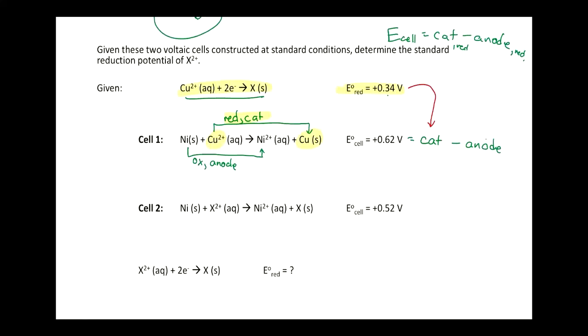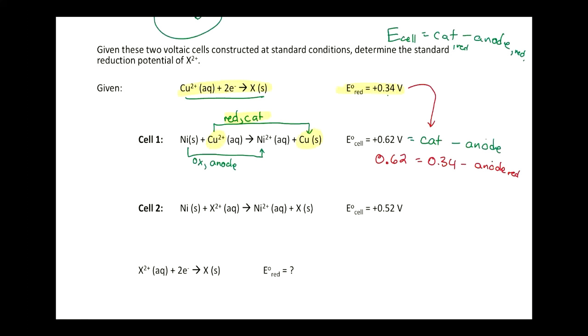So we have to deduce that copper is in fact being reduced in this example. So we're going to set up an equation where the measured 0.62 volts equals the cathode's reduction potential, 0.34, minus whatever the anode reduction potential is.